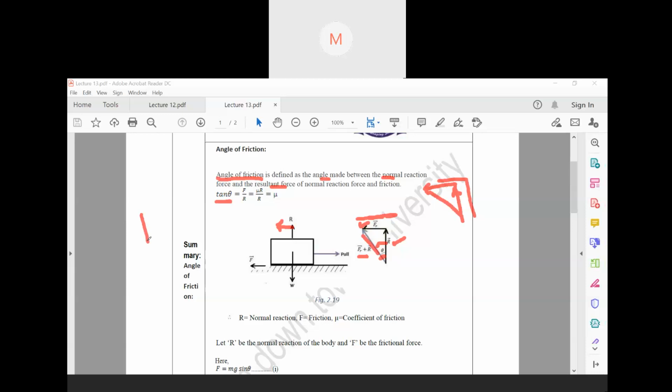Remember one thing, F is always equal to mu into R, where mu is called the coefficient of friction and R is the normal reaction. So the frictional force F is equal to mu R. Is it clear?